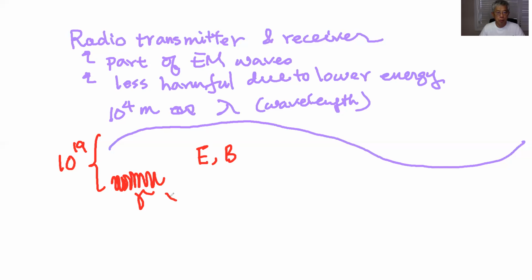So there's a lot more motion, and this motion gives you an idea that there's higher energy. It's more motion, more energy, and so this energy can be very damaging. So that's a little bit of the radio having a high lambda and a low frequency, and what the impact is to our body.